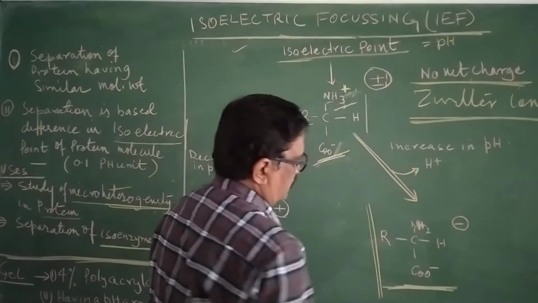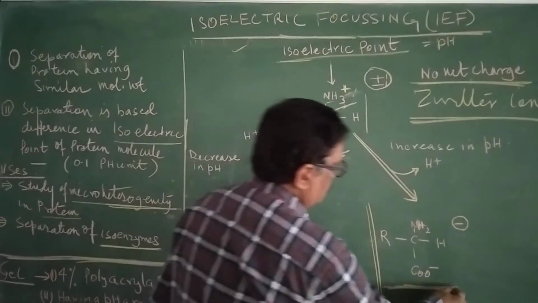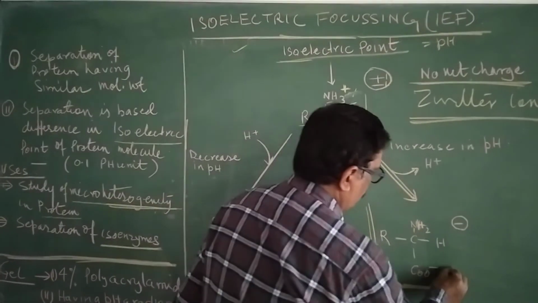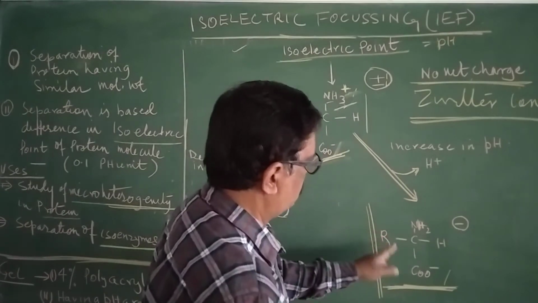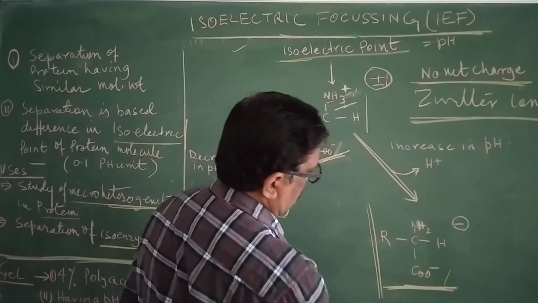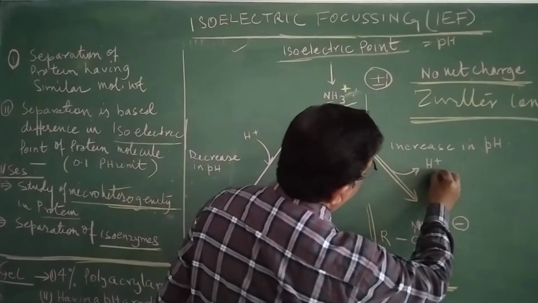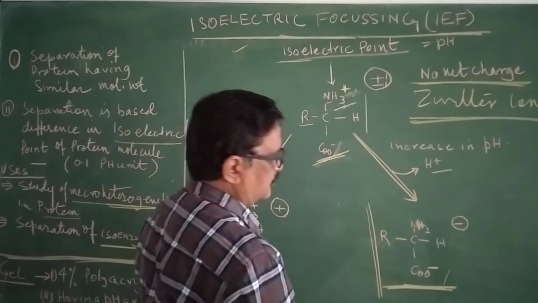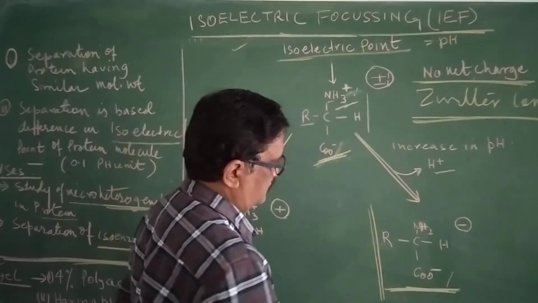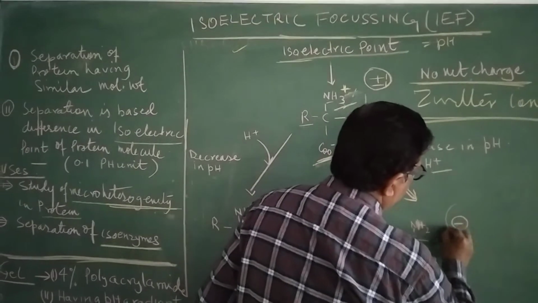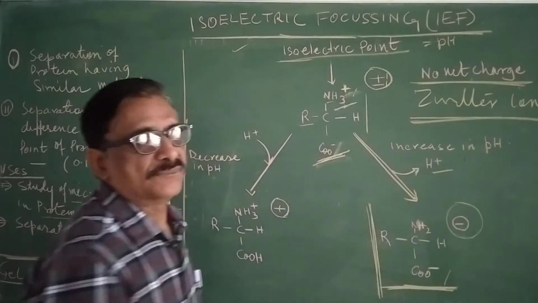It comes into the carboxyl anionic form. So that means this amino acid contains an additional negative charge due to loss of a positive charge, hydrogen. At this stage, the amino acid exists as an anion.